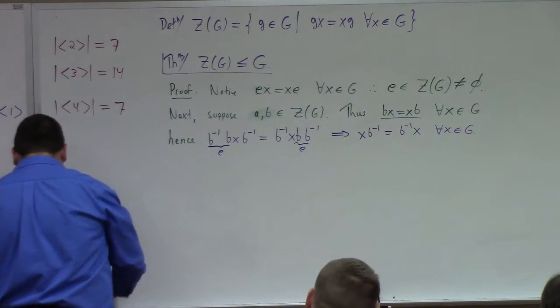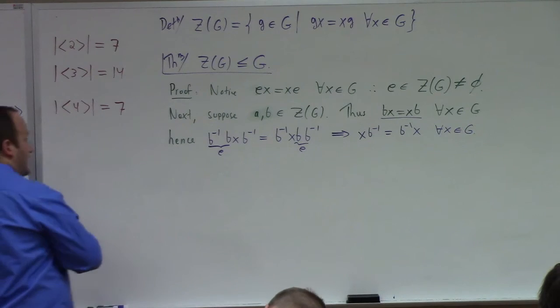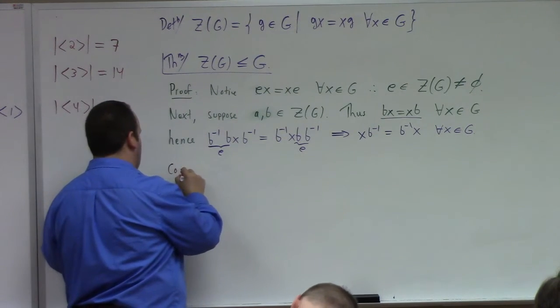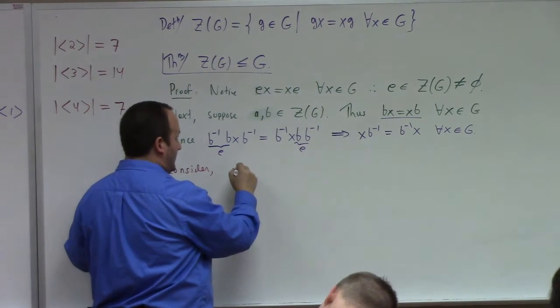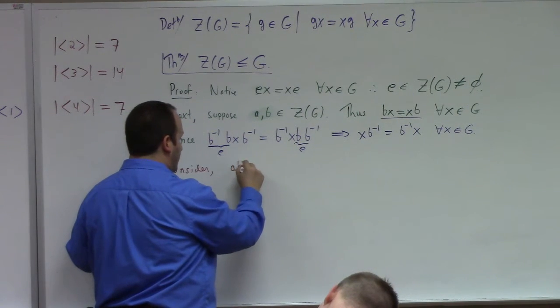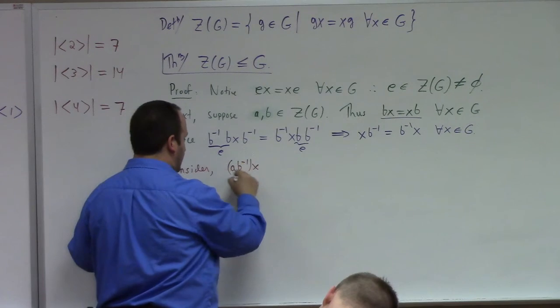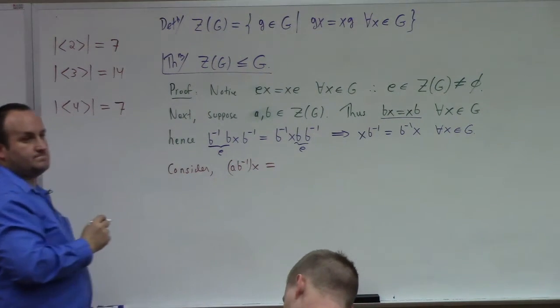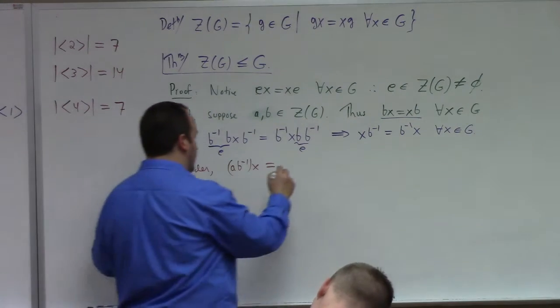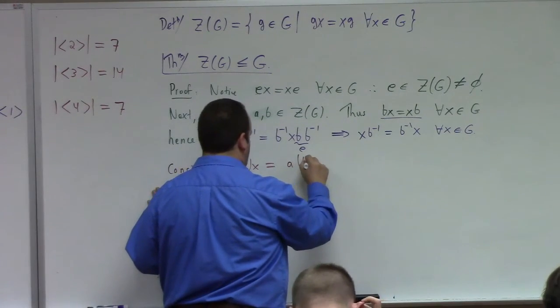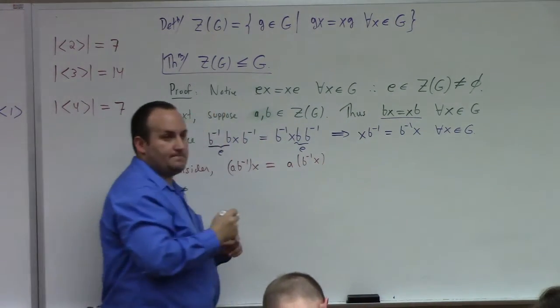So, with that in mind, consider if we look at A B inverse times X, what happens? We can use associativity to regroup like that, right?